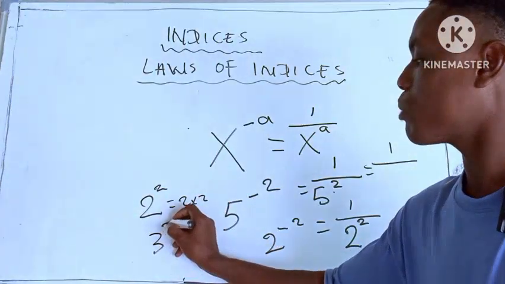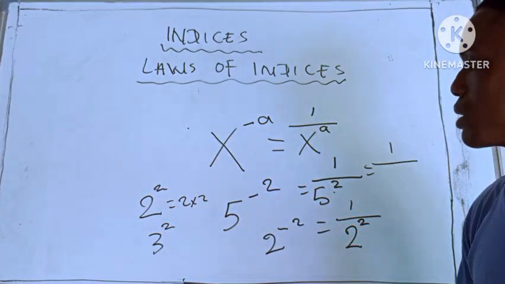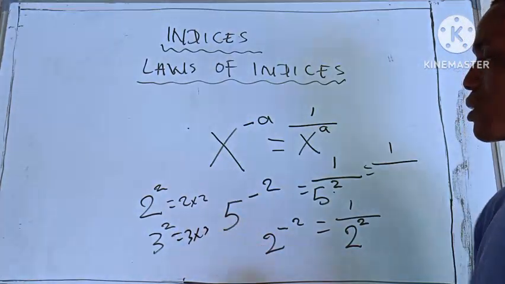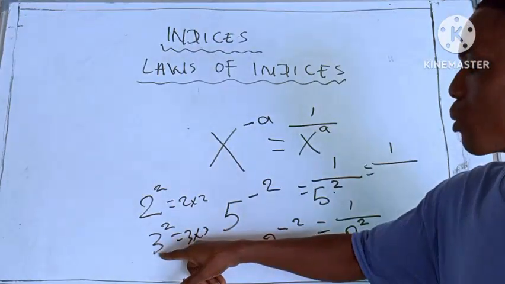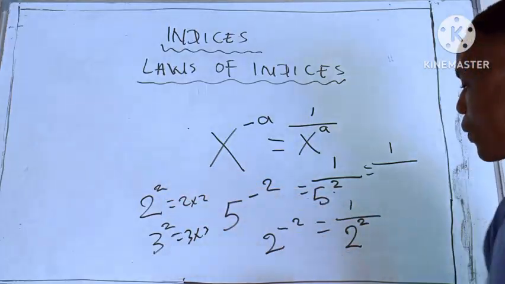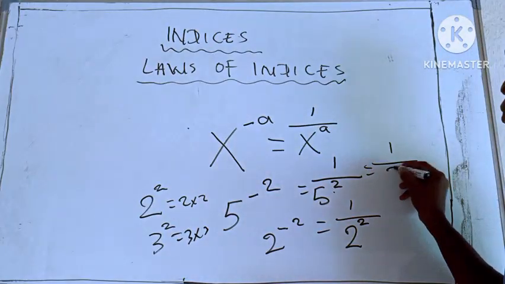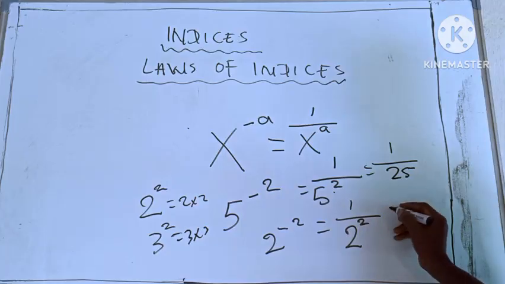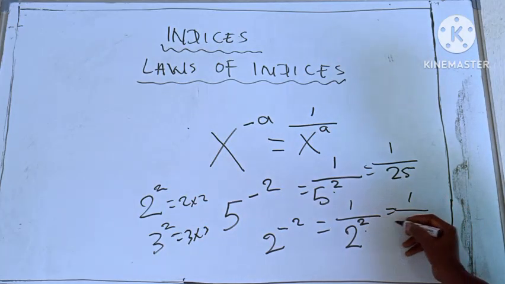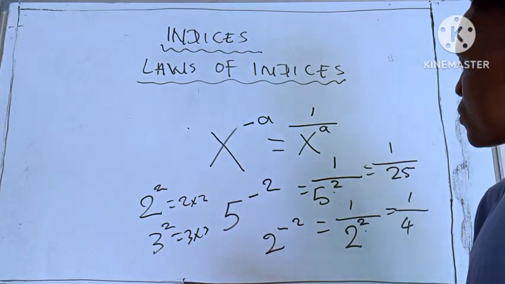If you have 3 raised to power 2, I've explained this in the first law, 3 square means 3 times 3. Meaning the base number multiplies itself according to the given power. Now 5 square, 5 times 5, gives us 25. Here is 1 all over 2 times 2, which gives us 4.